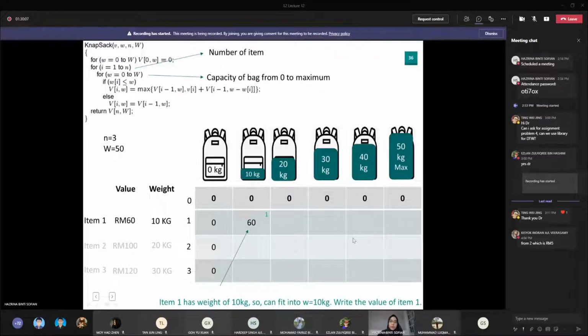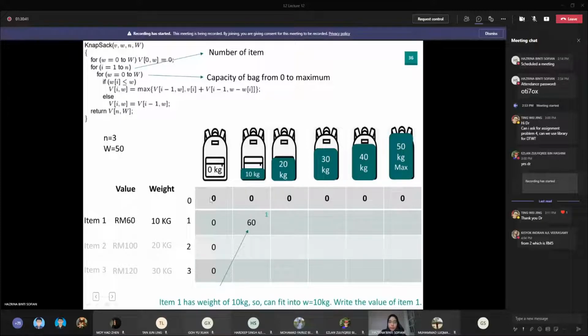Right now I just want to tell you beforehand that this algorithm is not complete, because it doesn't trace what are the items that need to be picked. You need to add to your algorithm to trace what the items are. Okay, so let us proceed.